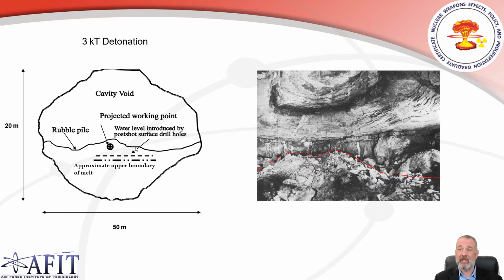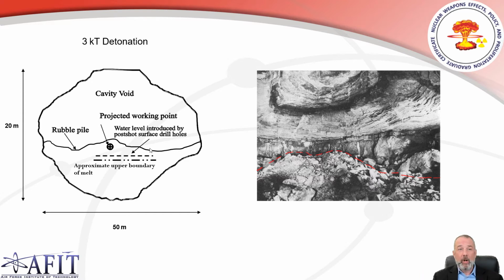The second thing is we have a line here that says water level produced or introduced by post-shot surface drill holes. Now, in order to get some relevant information that they would need to fully characterize the device that they've just tested, sometimes the testers will drill holes down into the underground crater, the underground void that we've created, so that they can extract material or take pictures such as we see here to help them with whatever it is that they were looking for.